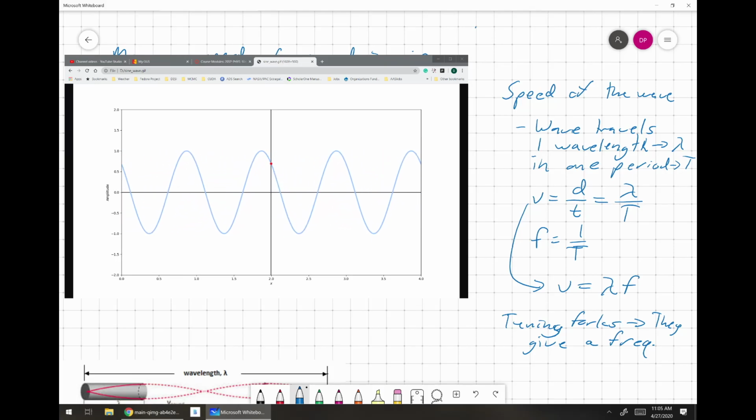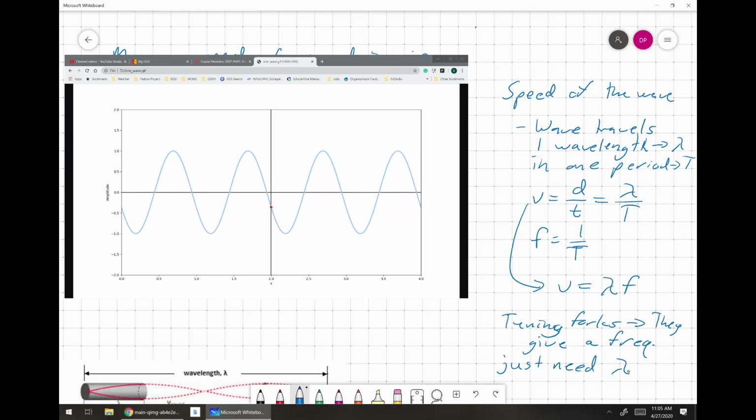A tuning fork will just produce waves at that single frequency because it is designed so that that is its natural frequency. That's what it wants to oscillate at. So that is going to be what we use to produce sound waves of a known frequency. And so if we know the frequency, we just need the wavelength to get our speed.